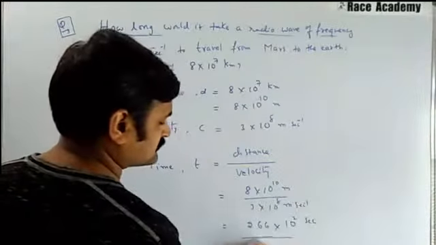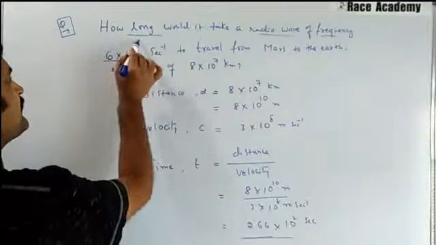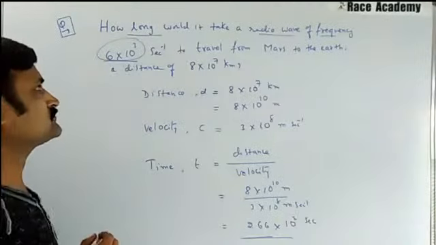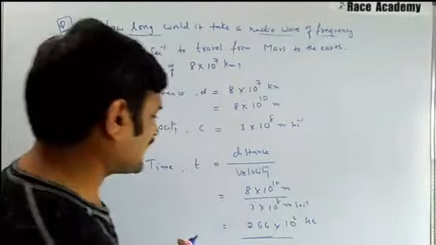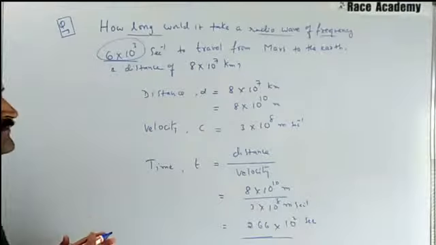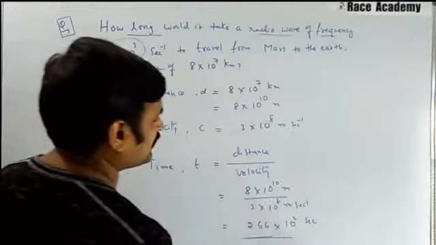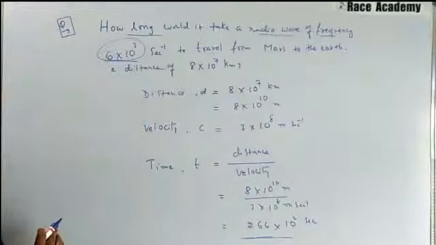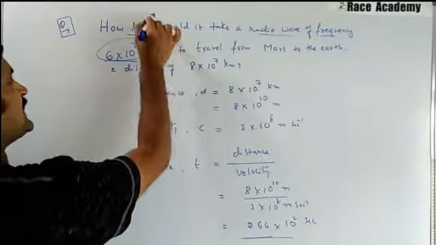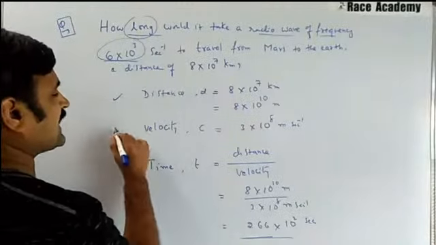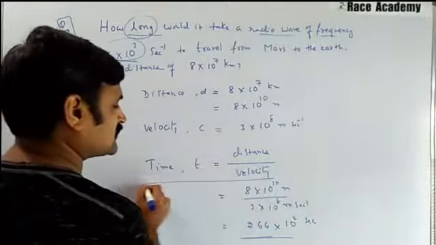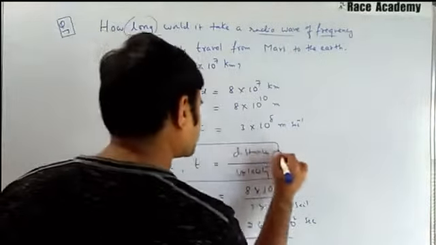The question also gives a frequency of 6 into 10 to the power of 3 second inverse. This value we have not used anywhere, because they asked for the time interval. Time interval can be deduced from the distance and velocity, because time is equal to distance by velocity.